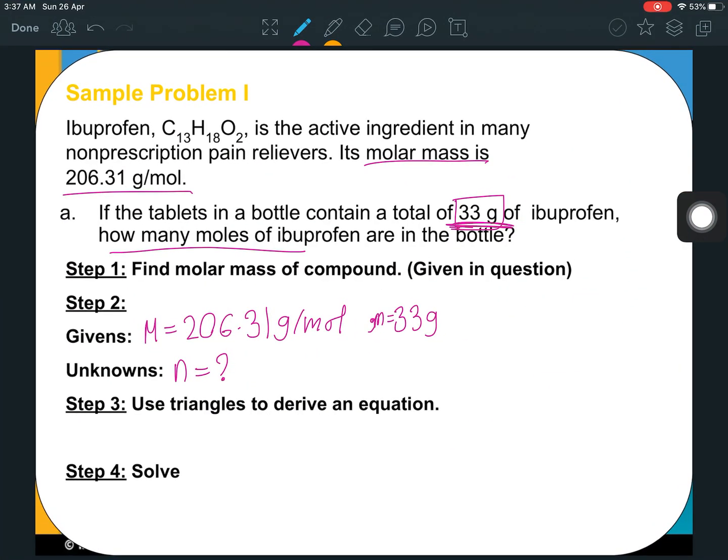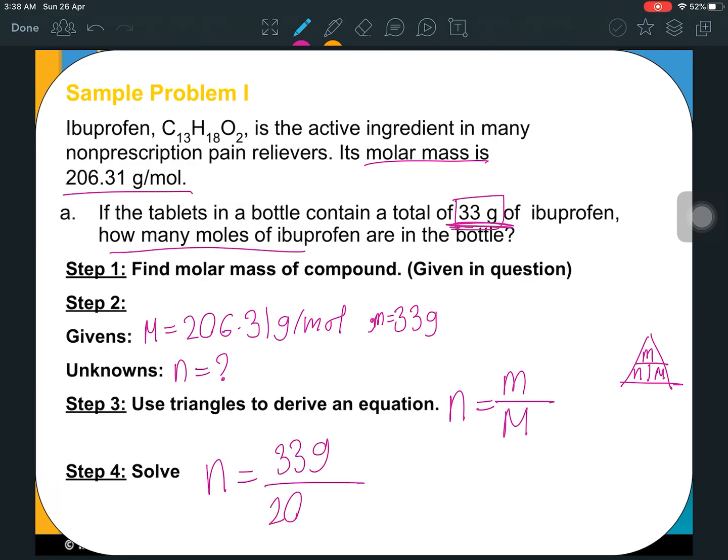So based on the triangle, which is N, small m, big M, remember the little m is always on top, N is equal to mass divided by molar mass. So N is equal to 33 grams divided by 206.31 grams per mole.